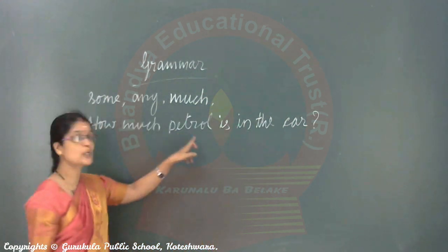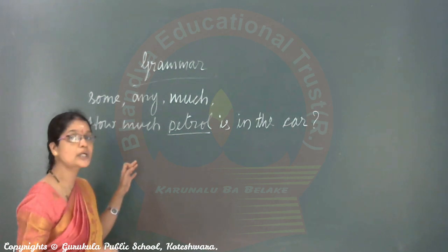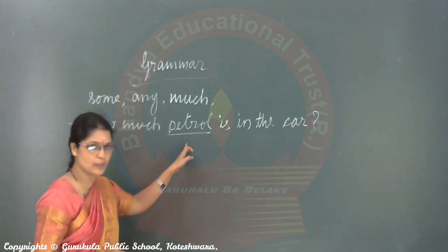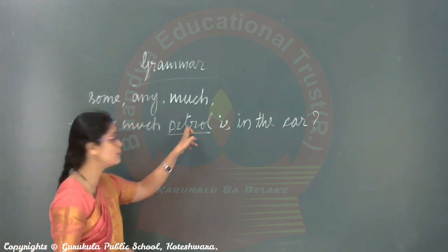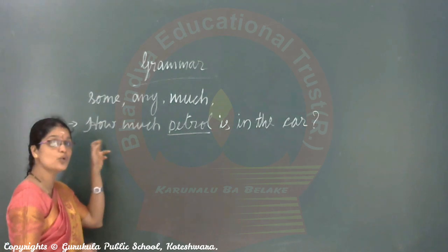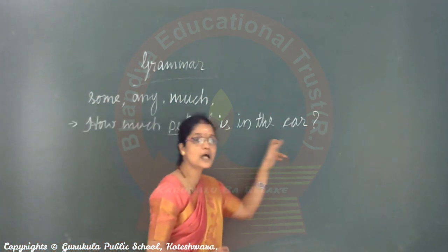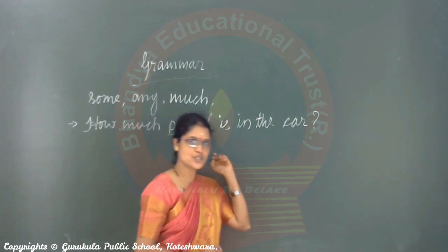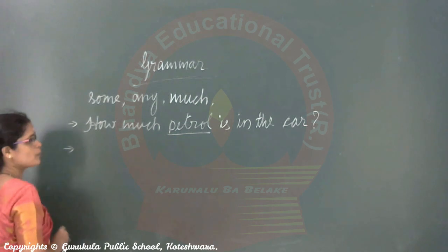See, petrol. It is uncountable. We cannot count it. And I have used much here with an uncountable noun. See here. And I used it in a question also. How much petrol is in the car? Understood? Yes. Next example.